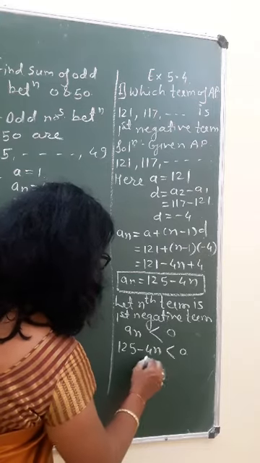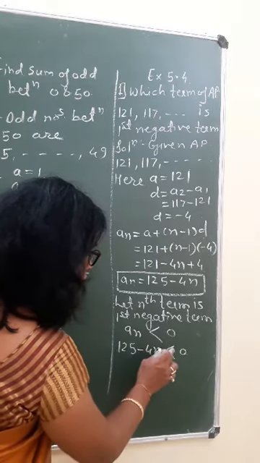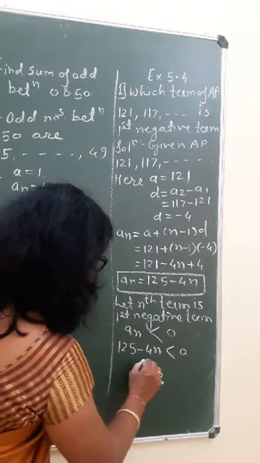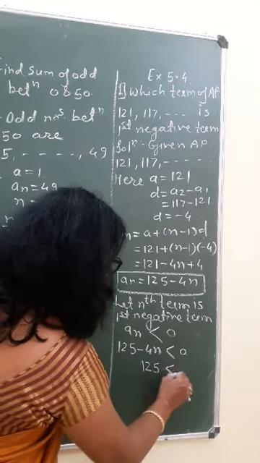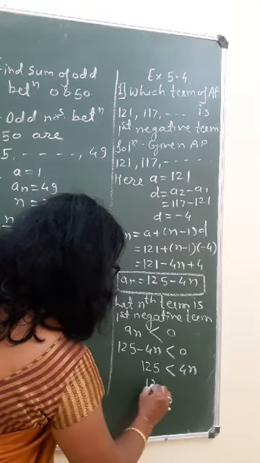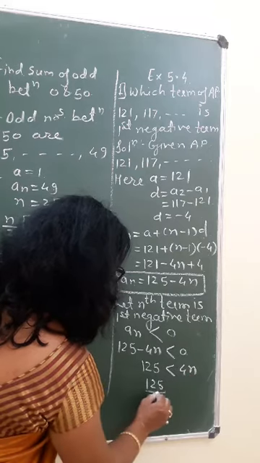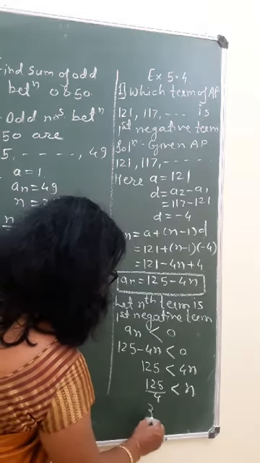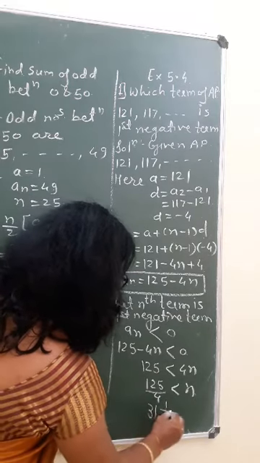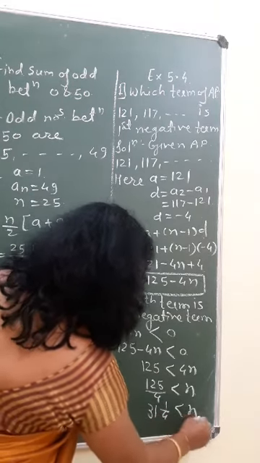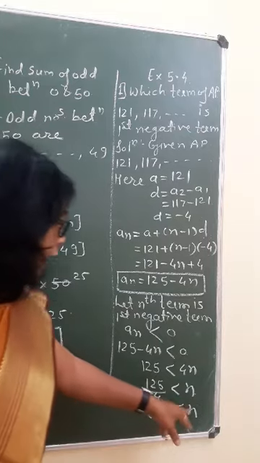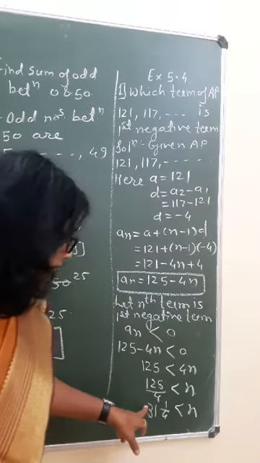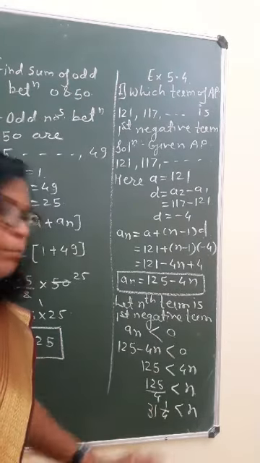We will shift 4n to make it positive. Here the sign will be less only. 125 less than 4n. This 4 we will shift here, 4 divided into 125. Now dividing: 4 3s are 12, 4 1s are 4, and 1 by 4. So 31 1 by 4 is less than n. So the value of n is greater than 31 1 by 4.